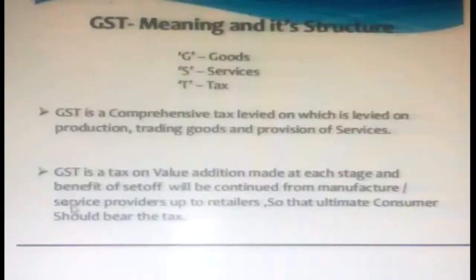GST is a tax on the value addition made at each stage, and the benefit of set off will be continued from the manufacturer and service providers up to retailers, so that the ultimate consumer bears the tax. When you buy any product, you have to pay tax. So tax is inclusive. The goods and services tax together, we call it GST.